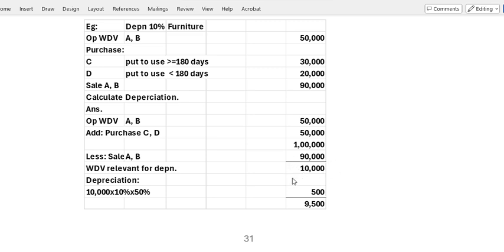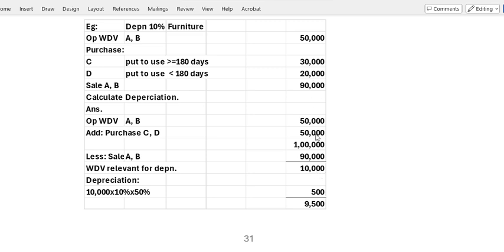For calculating the depreciation, we first have to calculate the depreciation for the 50% case, meaning less than 180 days of use. So there is only one case, D. For D, used less than 180 days, how will we calculate the relevant depreciation? Only on 10,000 we can calculate. So we cannot take the 20,000 cost here, because the WDV is only 10,000.